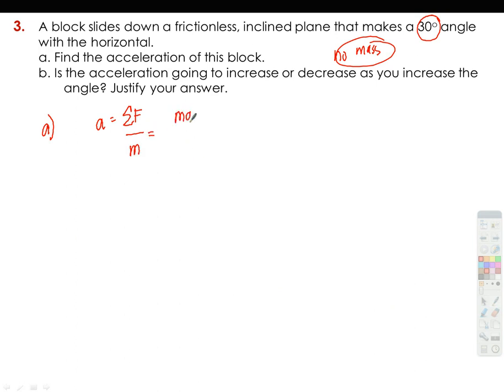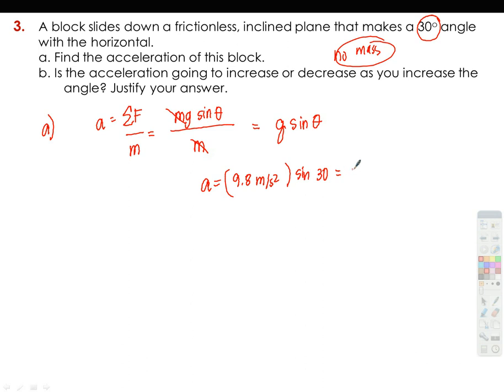So this is mg sine theta for our net force, and then you will see that your m cancels. So your a is equivalent to g sine theta. We can calculate our a: 9.8 meters per second squared multiplied by sine of 30.